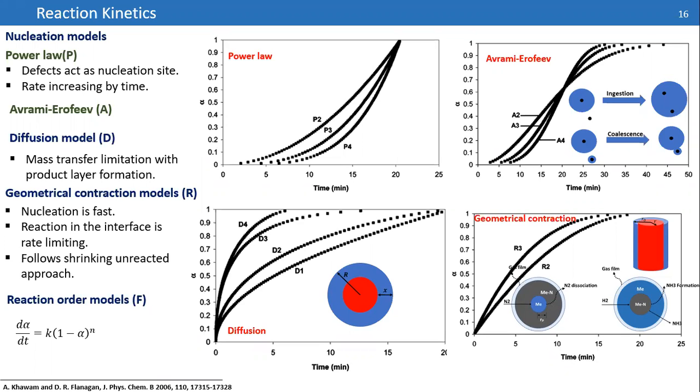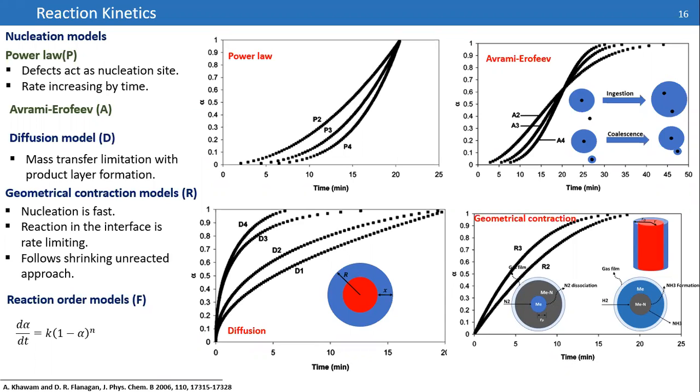For example, for the case of the power law equation, the power law models are assumed based on the nucleation model. Based on the nucleation model, when you have a reaction, it's similar to crystallization.